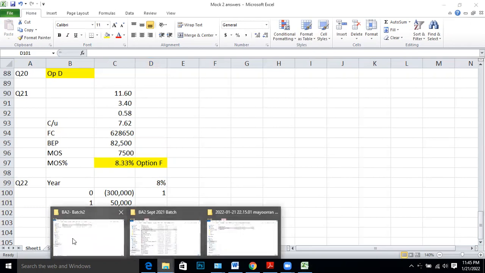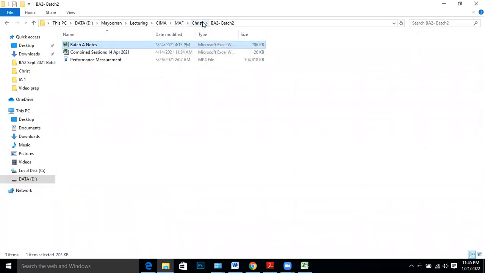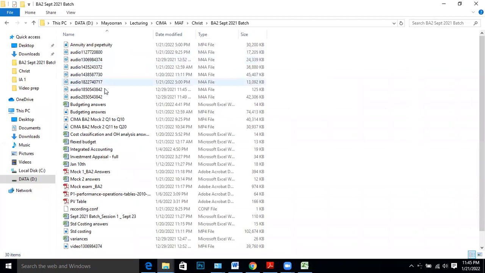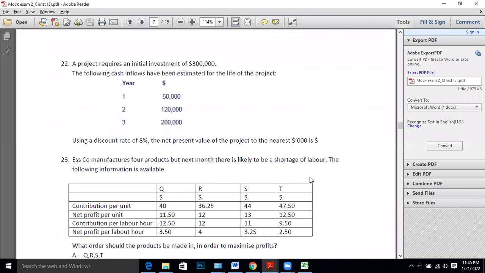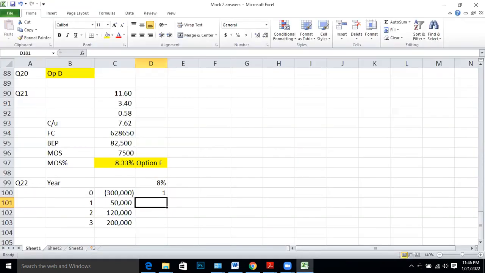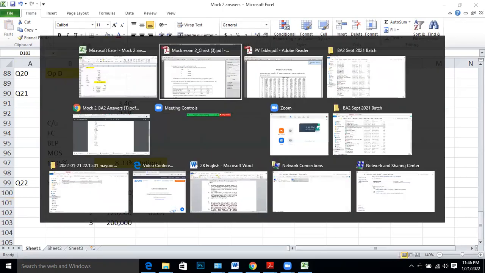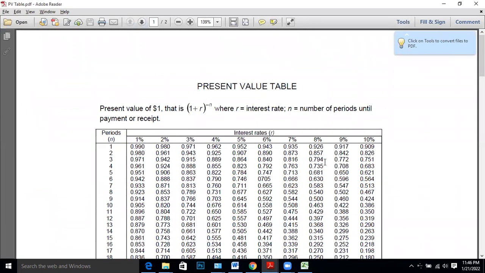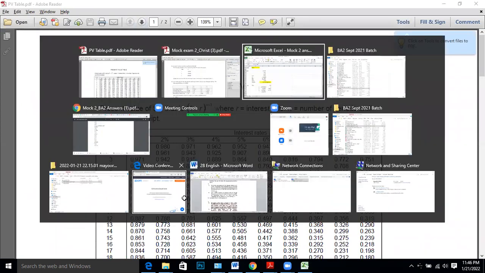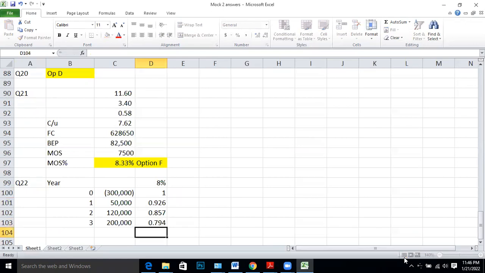Let's find the table. 8% here. 926, 857, 794, 735. 794, that's enough.